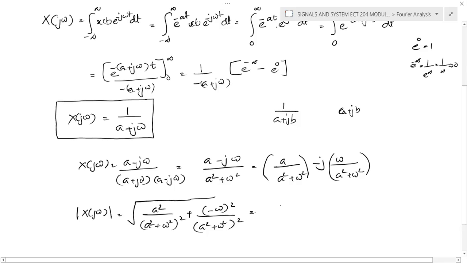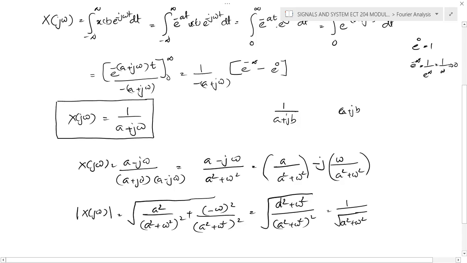If you simplify this, you can write it simply as a square plus omega square in the numerator, and the denominator is a square plus omega square the whole square, under the root. So you can write it simply as 1 by root of a square plus omega square.